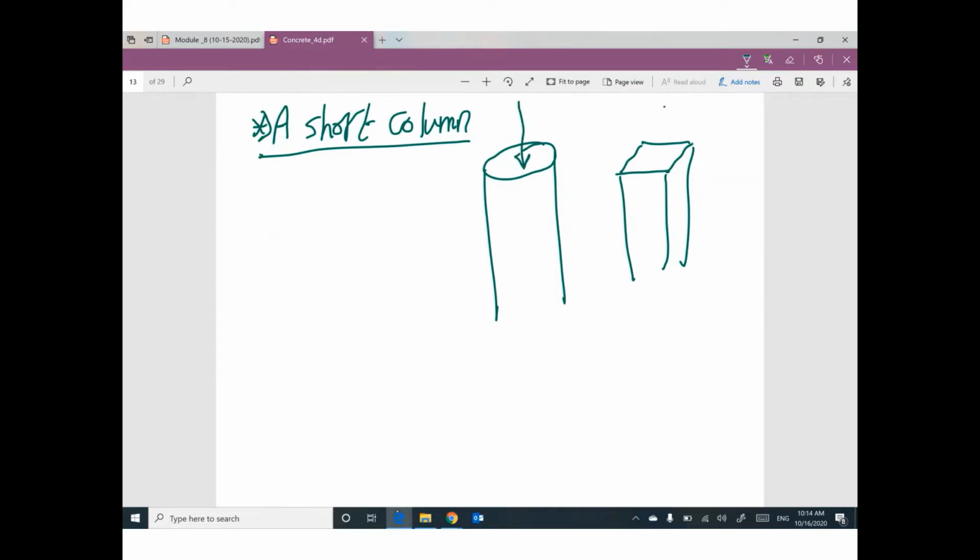This axial force is called concentric axial force. This expression is very important. Concentric means the P ultimate is applied at the centroid of this column.